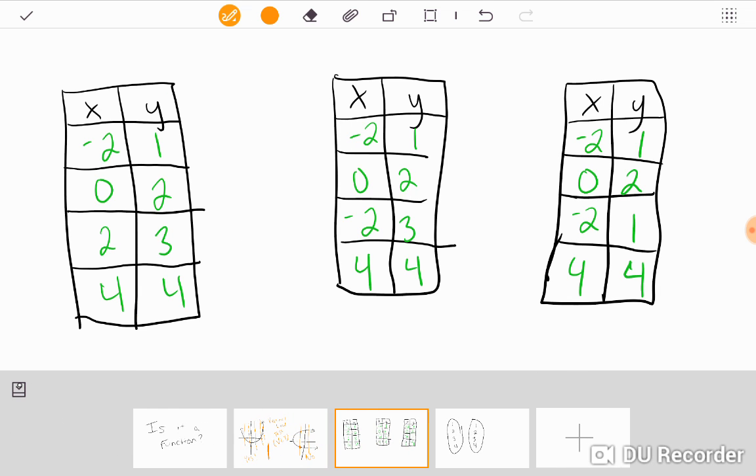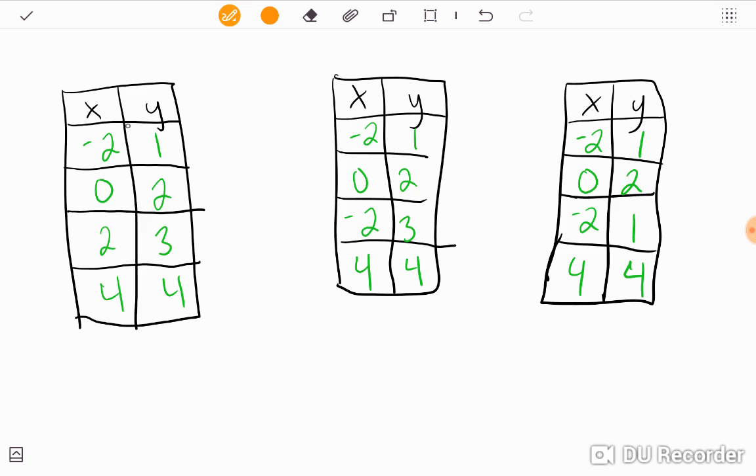Now, this is going to be more common. You're going to be given a table or ordered pairs. Either way, that's the same thing. If you're given ordered pairs like -2, 1, 0, 2, 2, 3, 4, 4, all the ordered pairs are just x, y.